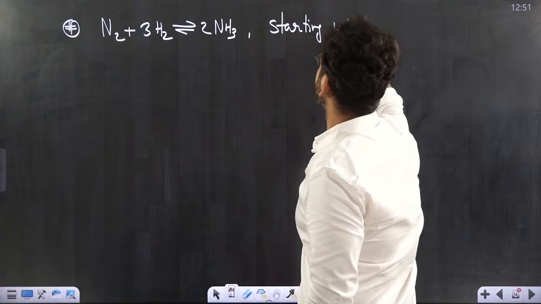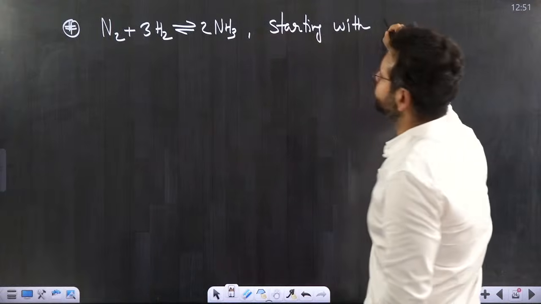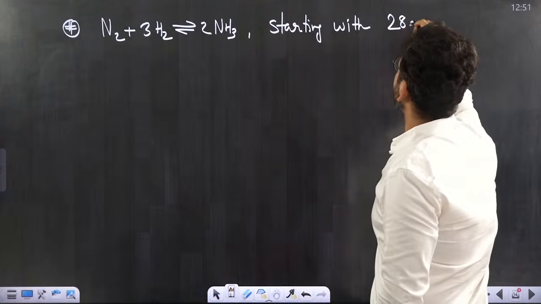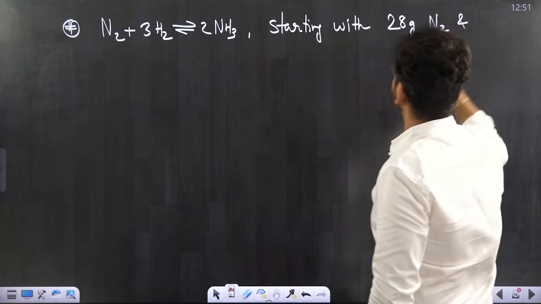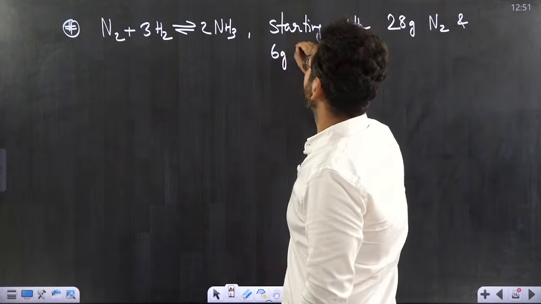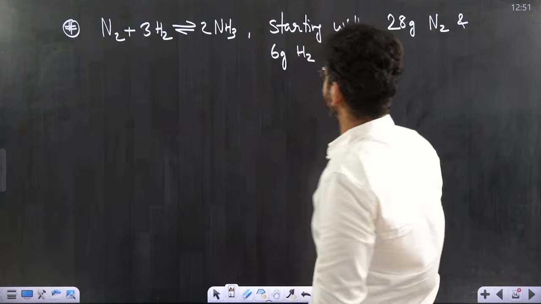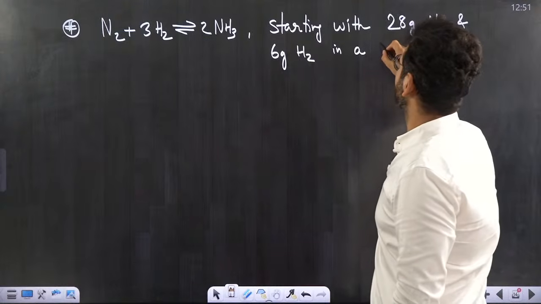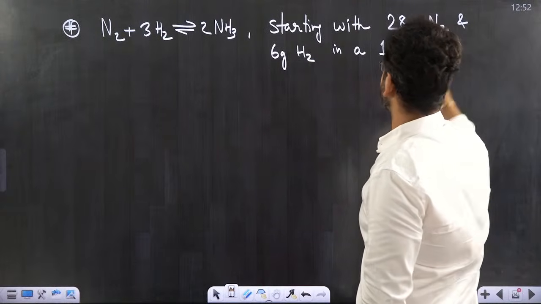Starting with 28 gram nitrogen and 6 gram hydrogen in a 1 liter vessel.